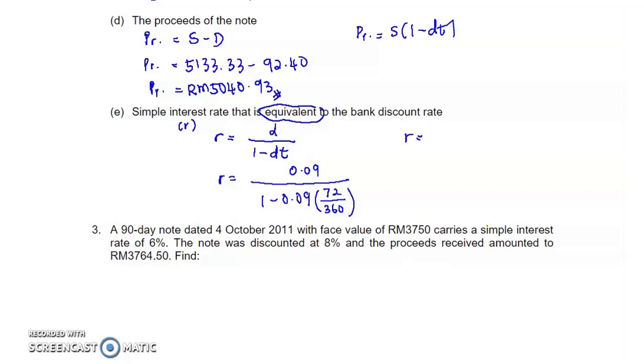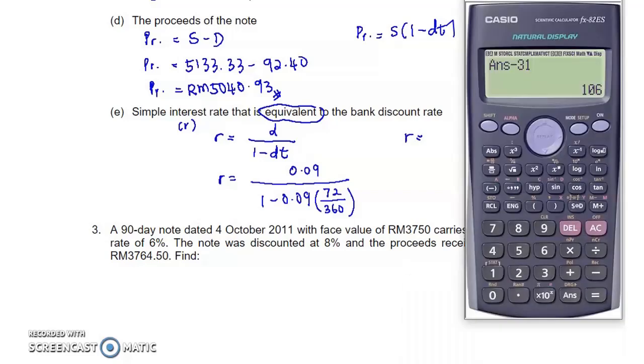If we calculate this, we will get 72 over 360 multiply 9%. 1 minus answer, and then 9% divided by answer. 0.0916.